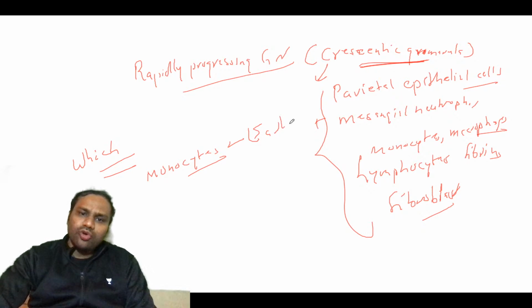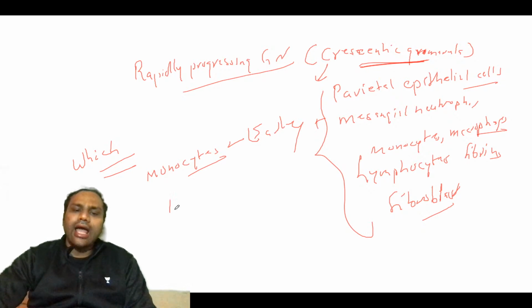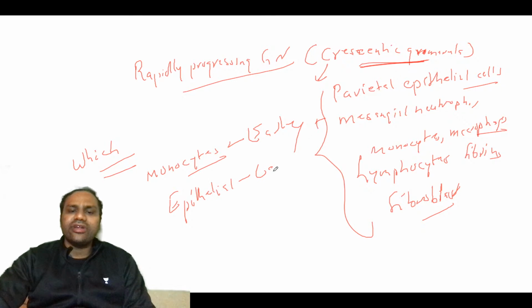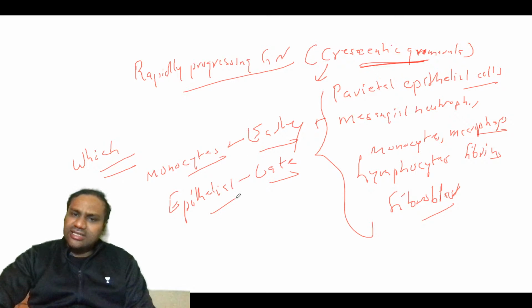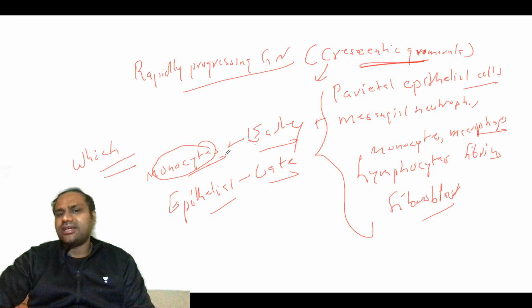In early crescent, monocytes are the most important component, and in case of late crescent, epithelial cells are the most important component. So that you need to know. Then what you need to know about the crescent is that they can be of two types.